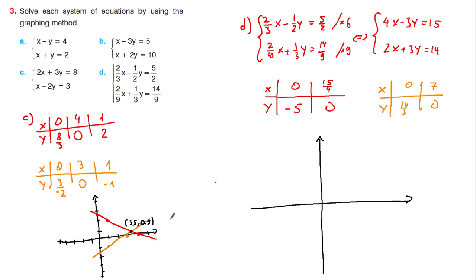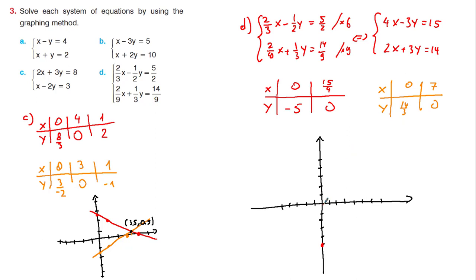So the first point, which is 0, negative 5, we need to show the increments here as well. 1, 2, 3, 4, 5, 6, 7. 1, 2, 3, 4, 5. All right. X 0, y is negative 5 here.